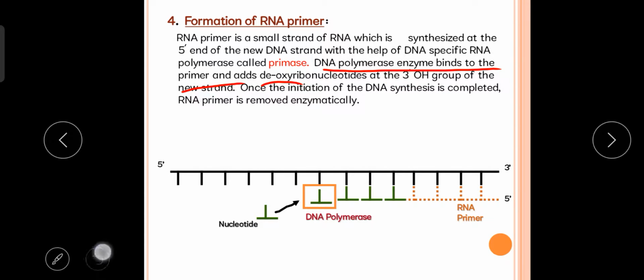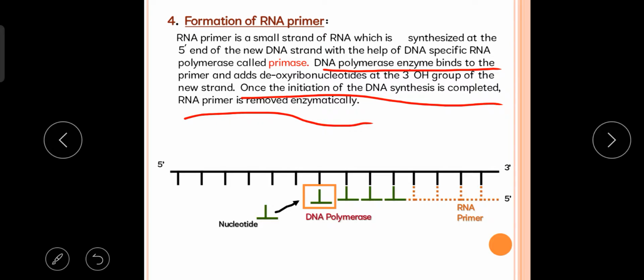Once the initiation of DNA synthesis is completed, the RNA primer is removed enzymatically. During DNA replication, the enzyme DNA polymerase III binds to this RNA primer and continuously adds deoxyribonucleotides in a long chain from it.